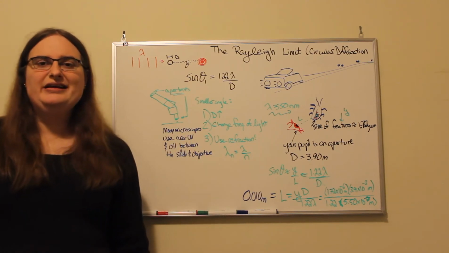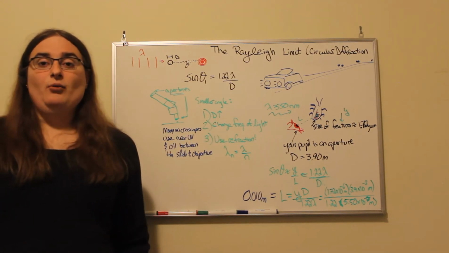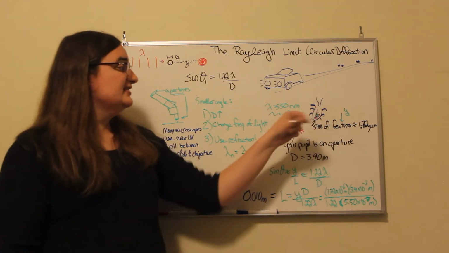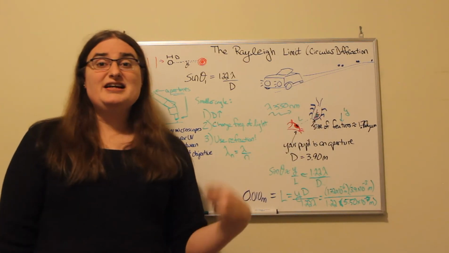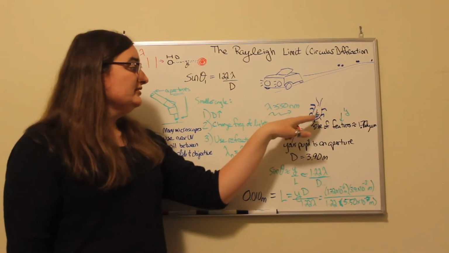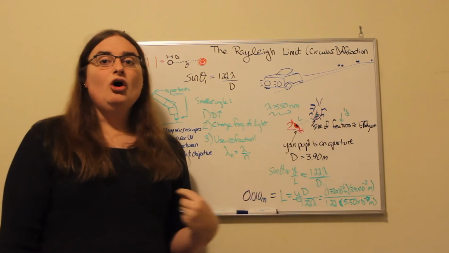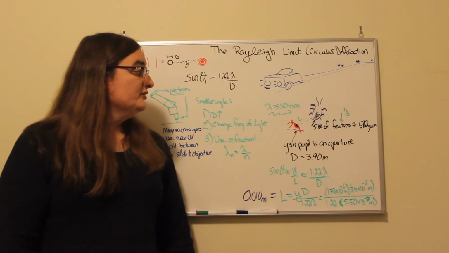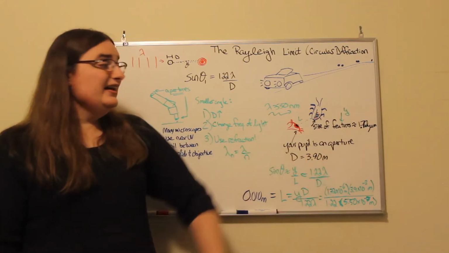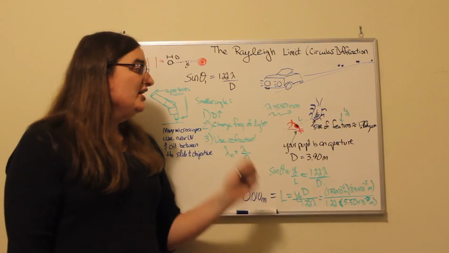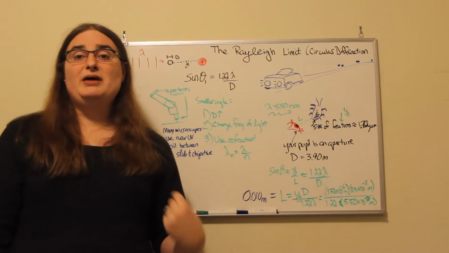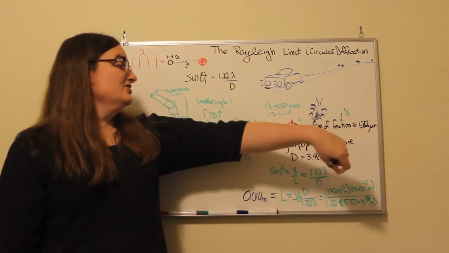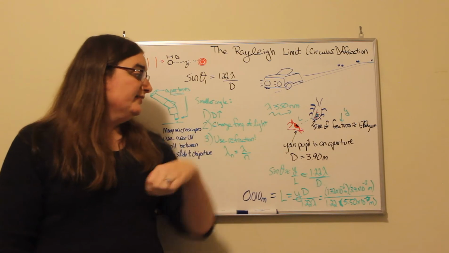So let's take a look at something that we might want to take a look at. If you're really into insects, there's an insect called a tiger beetle, and it has little tiny colored patches all over the wings of its carapace, and the size of those individual patches is about 1.72 microns, which is pretty tiny.